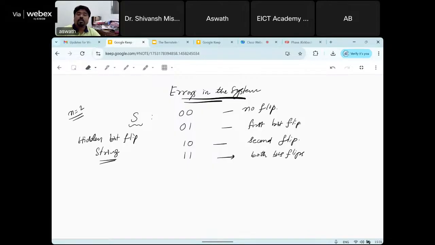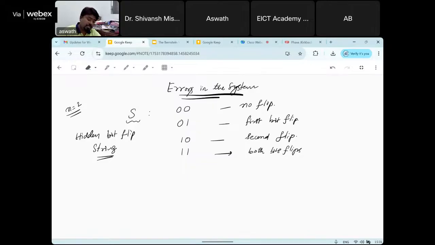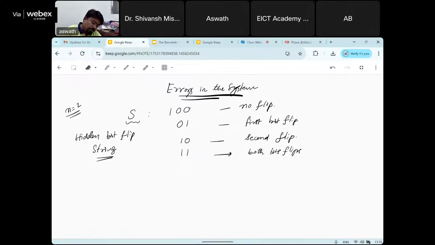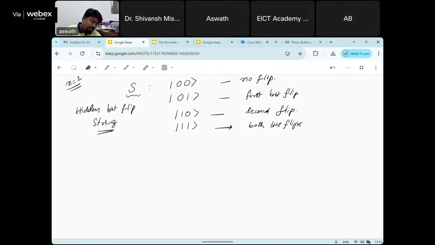I want to find what this S would look like. If I write this in terms of quantum states, it would be 00, 01, 10, 11. Whether it is existing in 00 form or 01 form, I want to find out. I have to query that.